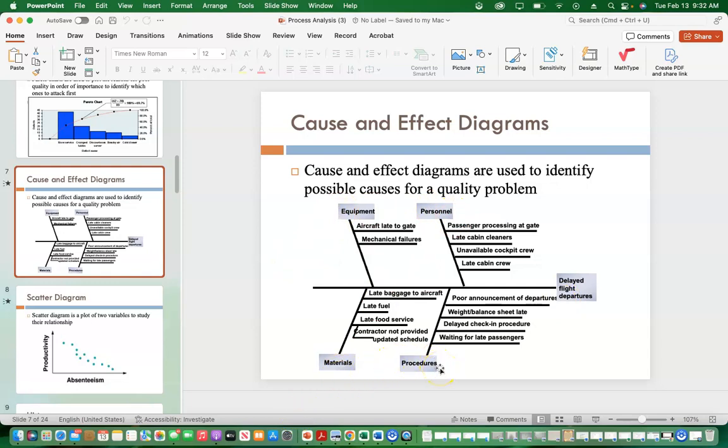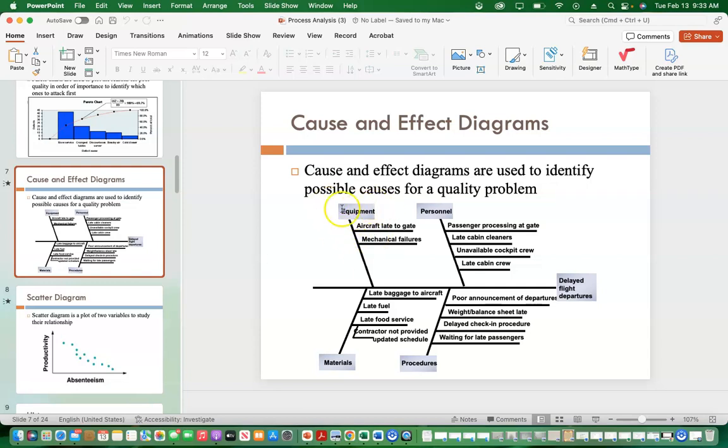Now, cause and effect diagrams are important because they can help us to go a little deeper to find what is in the materials or procedures, equipment, or personnel. Take an example of the equipment. Here we have aircraft late to gate, and also there are mechanical failures.